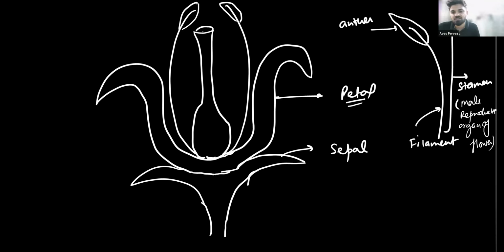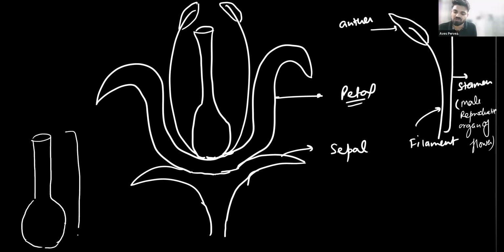While this whole, which I'm drawing here, is called pistil or carpel. As a whole, we call it pistil or carpel, and it has three parts.